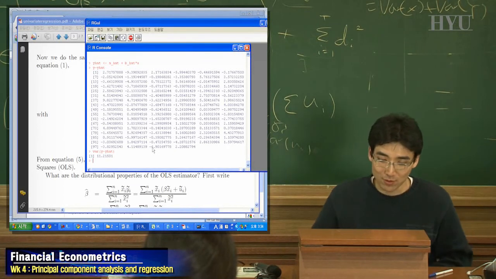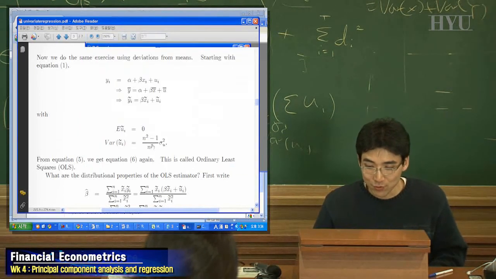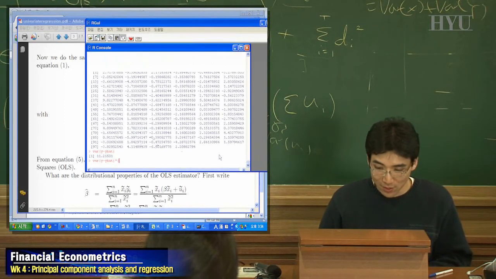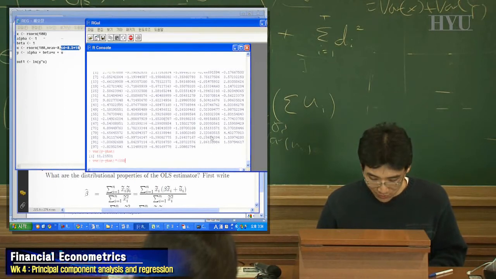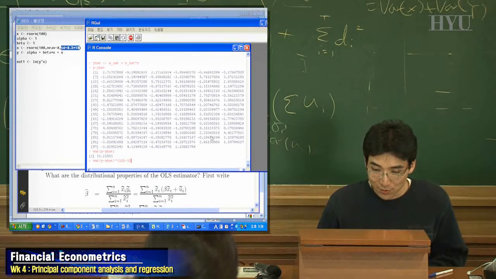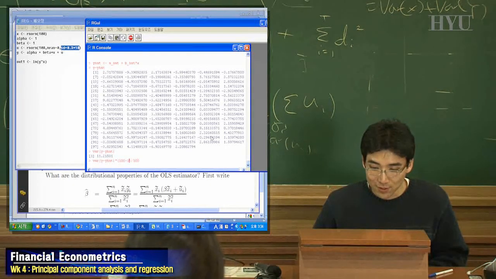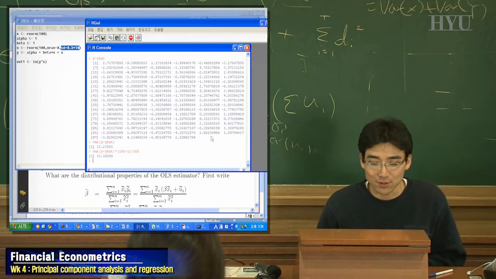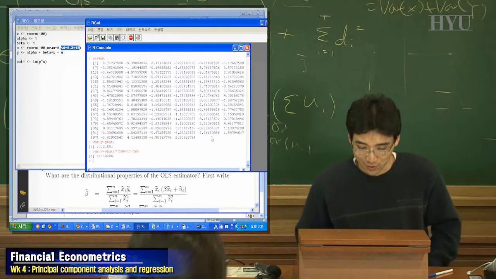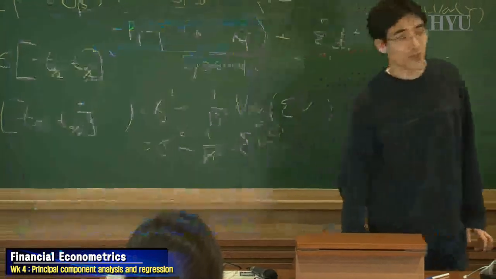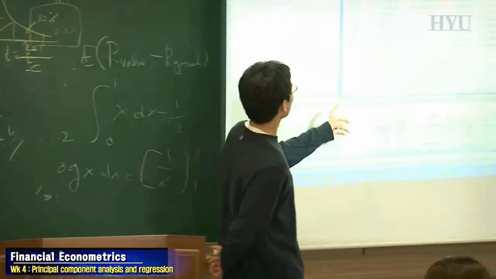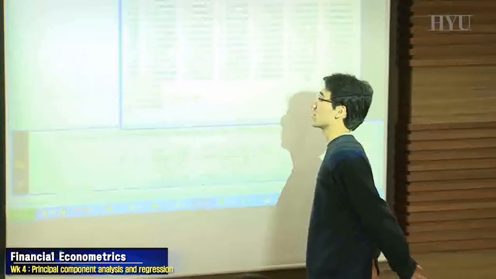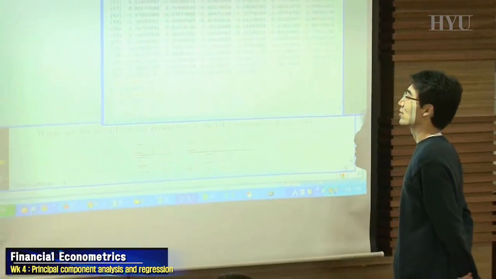If we multiply by the formula, with 100 data, 100 minus 1 divided by 100, the size is slightly smaller, but not that much smaller. Anyway, the true variance is 9, and our variation is slightly larger than that.